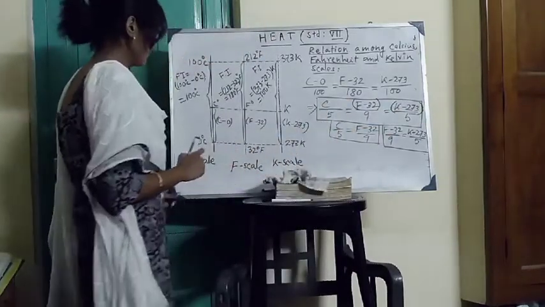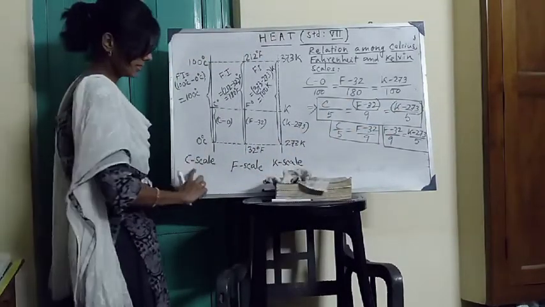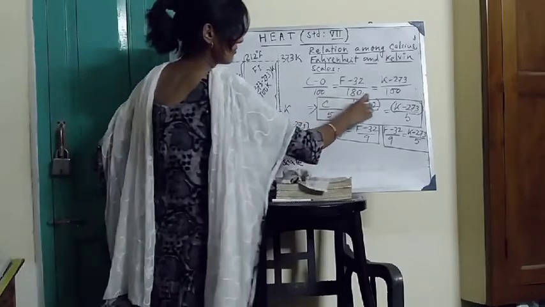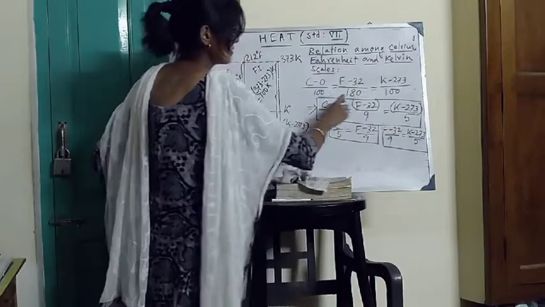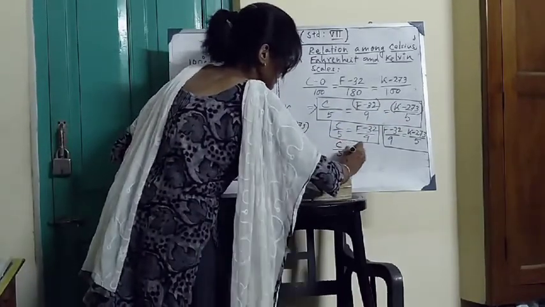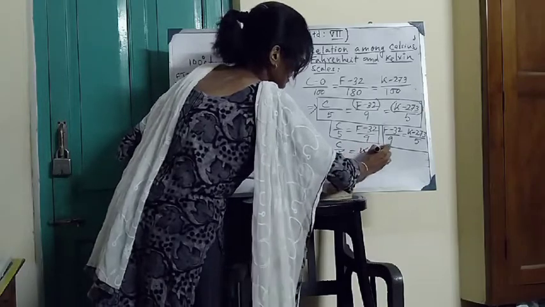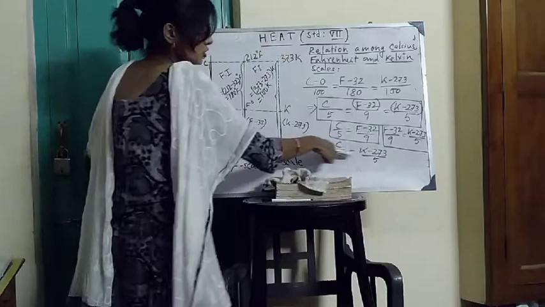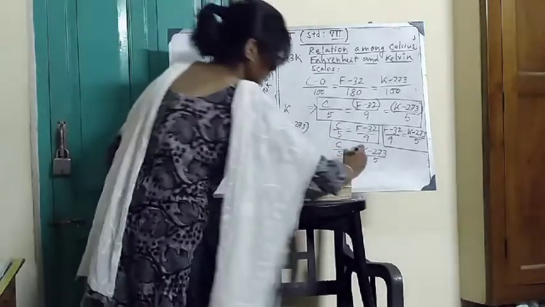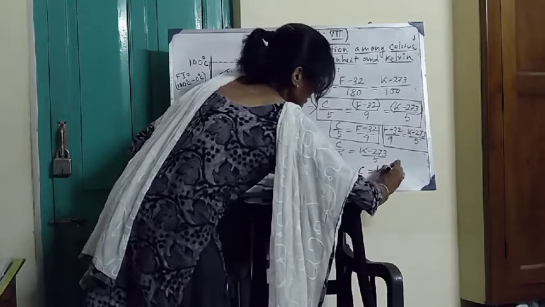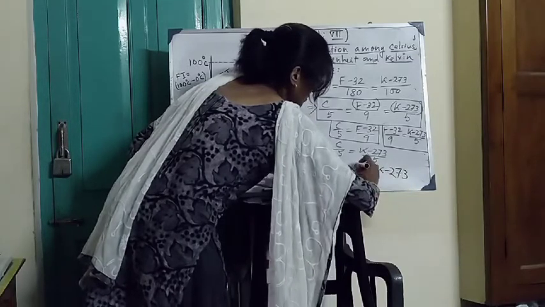If we want the relation between Celsius scale and Kelvin scale, then we use the relation C by 5 is equal to K minus 273 by 5. Denominators are the same, so they can be cancelled out, which implies C is equal to K minus 273.